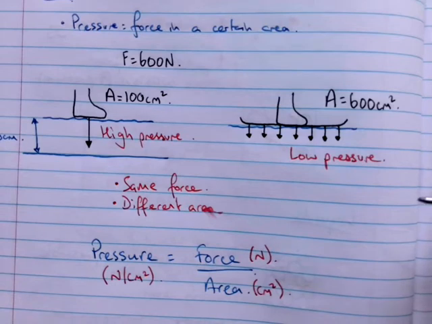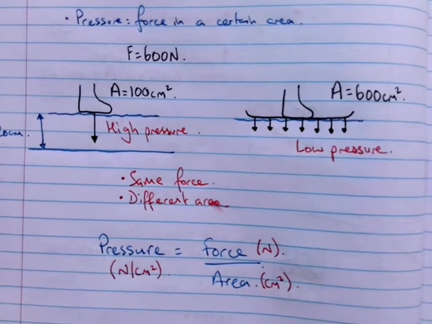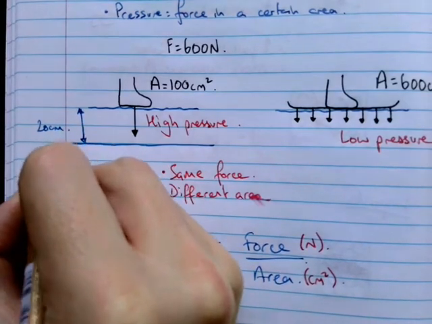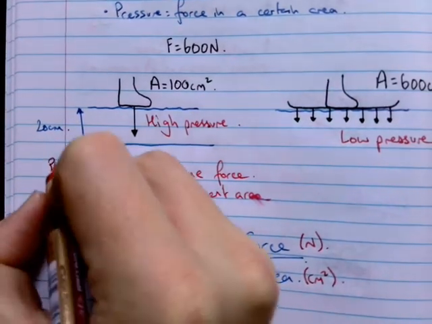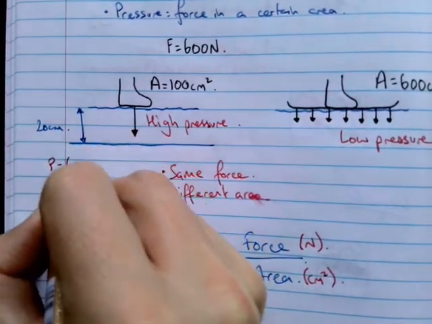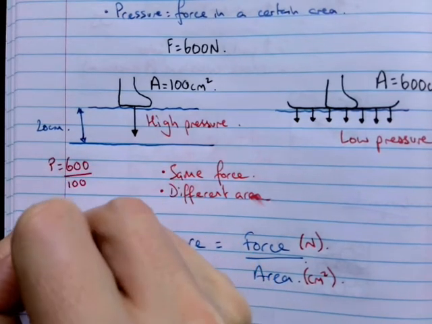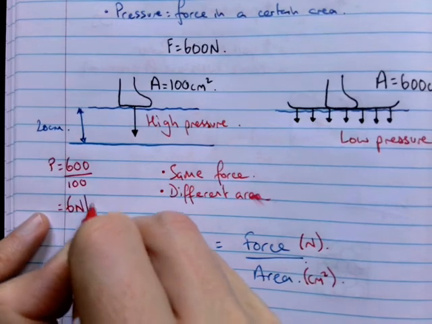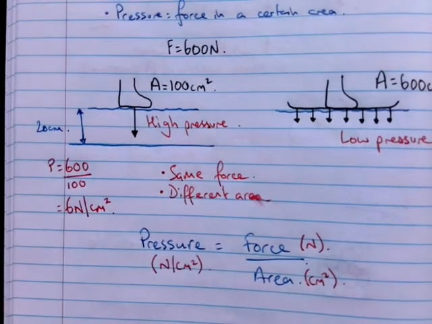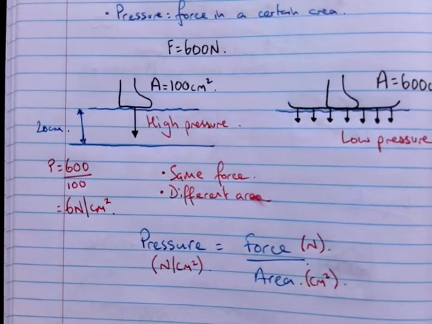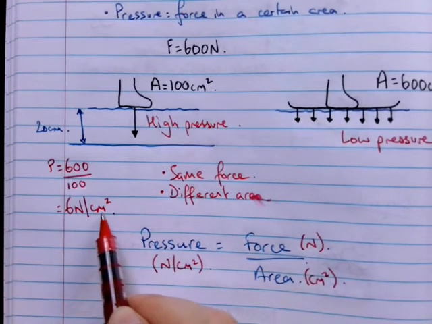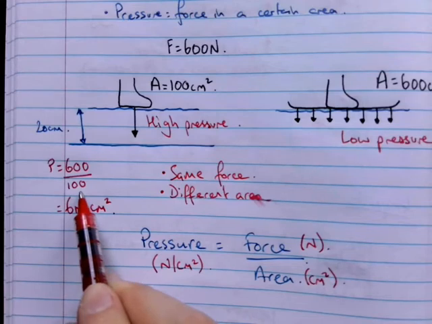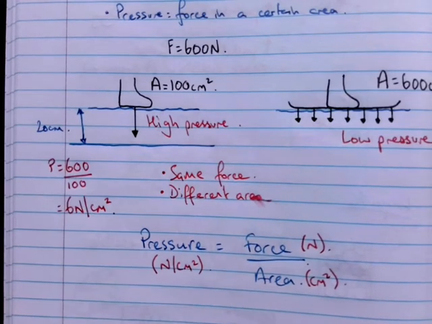Okay, so now we can work out the pressure in both cases. So the pressure over here would be the force, 600, divided by the area, 100, which would give us 6 newtons per centimetre squared. And what that means is every square centimetre gets a force of 6 newtons. And because there's 100 square centimetres, you get a total force of 600.